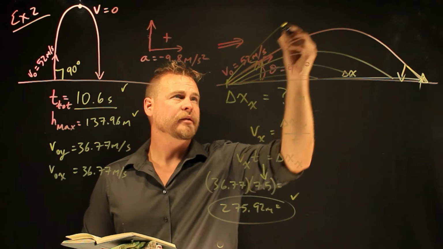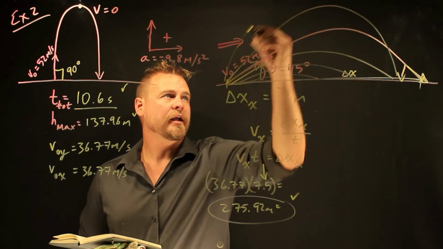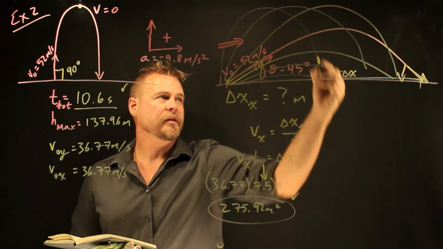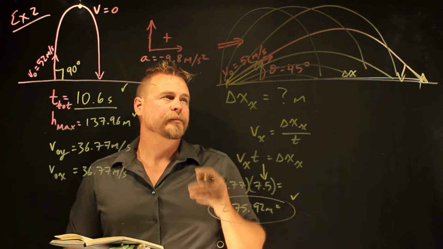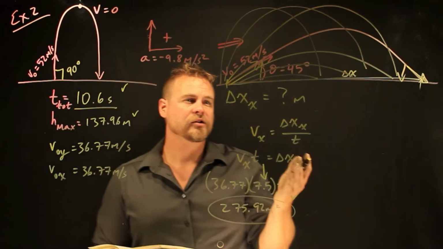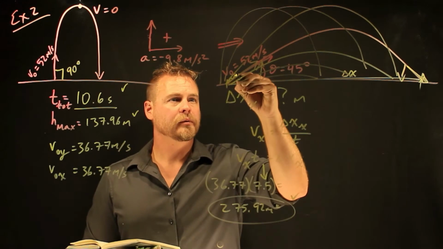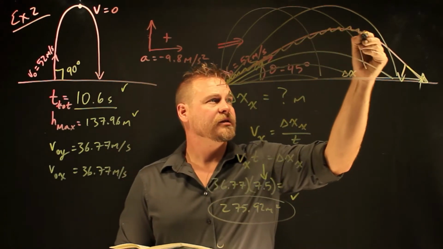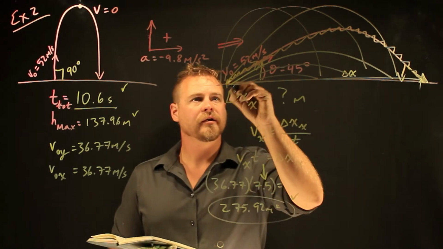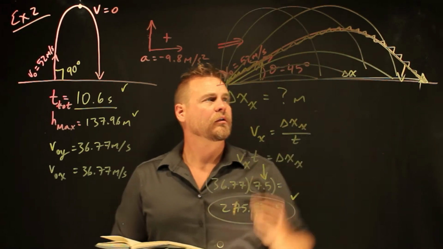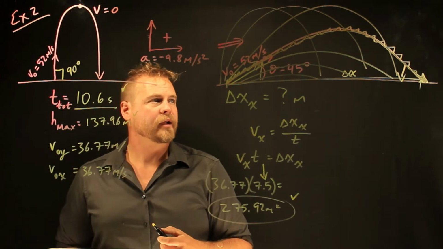But the same thing happens if I start going higher and higher and higher. These start matching up. So I trade air time for velocities. So the optimum distance is right here in the middle, right? 45-degree angle launch.